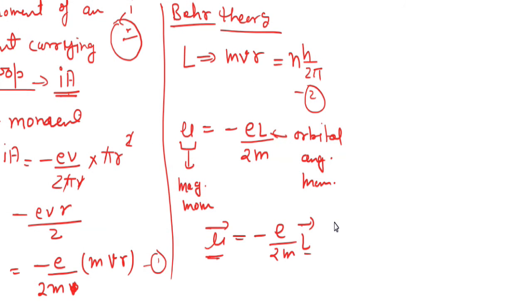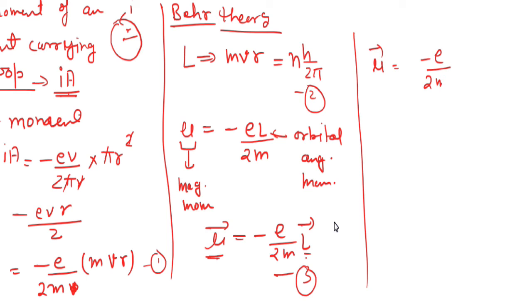Now again, if you see equation 2 and equation 3, for L you can write nh upon 2 pi. So the magnetic moment mu will be equal to minus e upon 2m into nh upon 2 pi. So you can write this magnetic moment equal to minus n into eh upon 4 pi m.